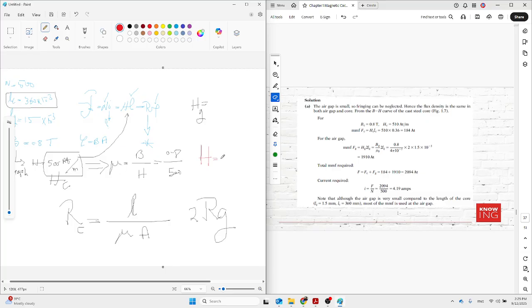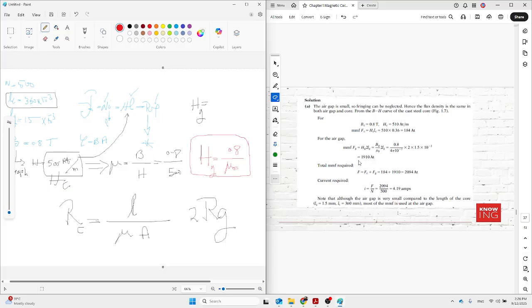So B is constant. Okay, B is constant in the core. We cannot change the flux density, correct? The flux density is still 0.8. But here, on behalf of mu r, we should put mu 0. If you place mu 0 here, the H becomes Hg.